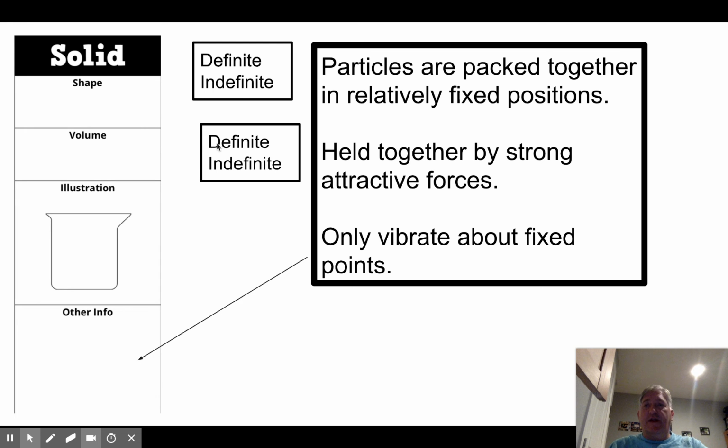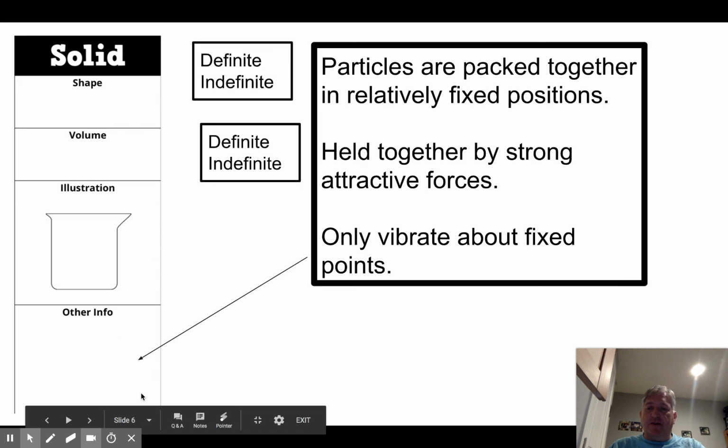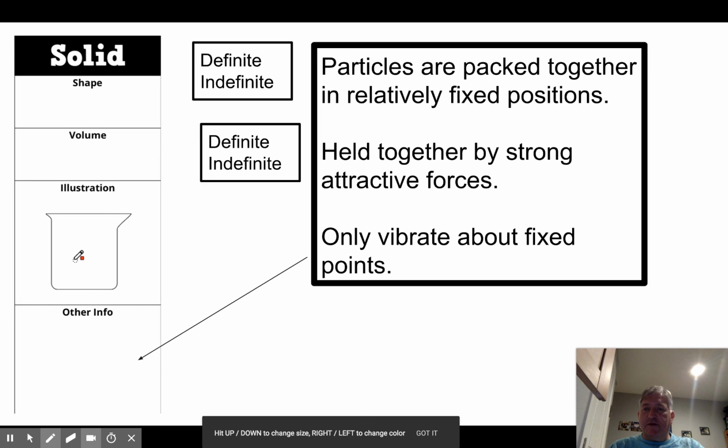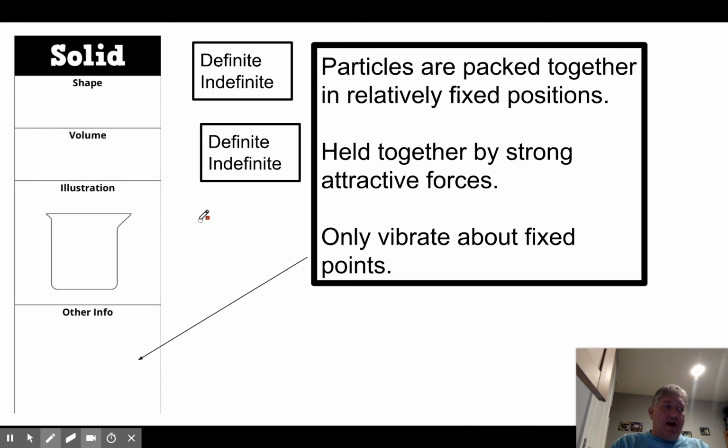So the first one is solids. We'll look at its shape and its volume. I want you to draw an illustration of something here that we can look at. So what is the shape? Is it definite or indefinite? If we look at something that's solid, does it have a fixed shape? Well, if we look back here, it says that particles are packed together.